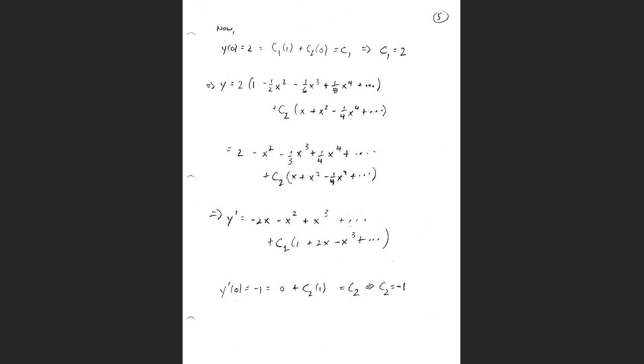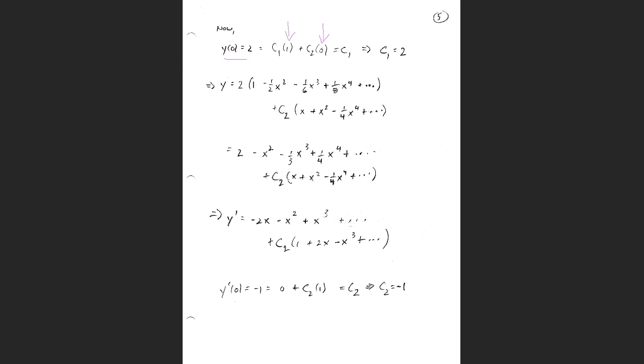What you do is you let y of 0 equal 2, and then you substitute in. If you let x equal 0 in the first power series, you're going to get a 1. And in the second power series, if you let x equal 0, you're going to get a 0.